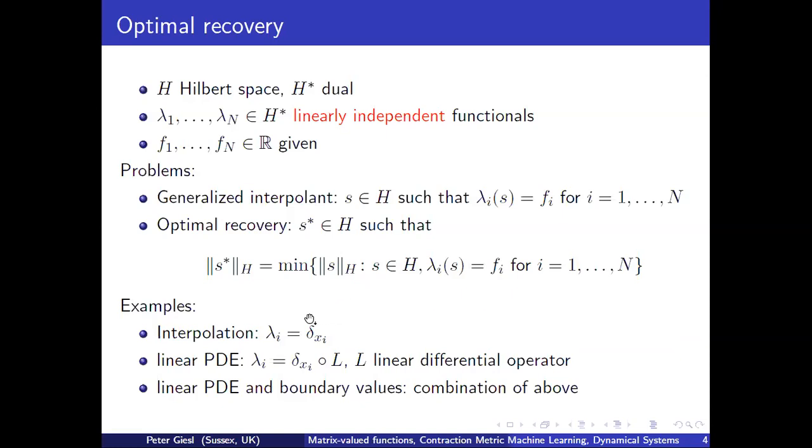And examples, as I said, if lambda i are delta x i with distinct points, then we have a classical interpolation problem. But we can also choose lambda i to be delta x i after L, where L is a linear differential operator, and evaluate it at certain points x i, and then this is a linear PDE problem, or we can combine these two, and then we have linear PDE at certain points, and interpolation problems or boundary values at other points.